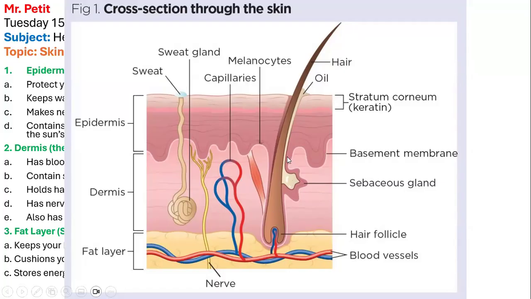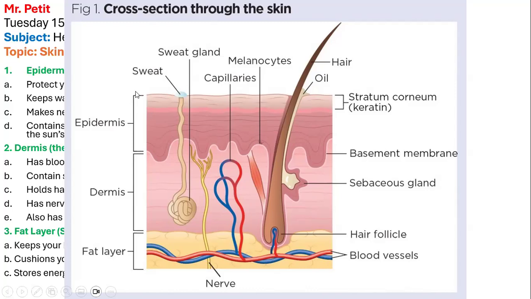Producing sebum, which is an oil, which is there to help with lubricating the skin. And you obviously have the hair, and you have the blood vessels, capillaries and stuff, because you still need blood to circulate.